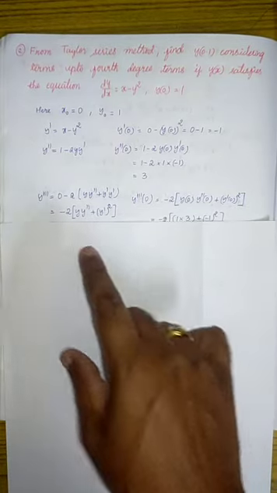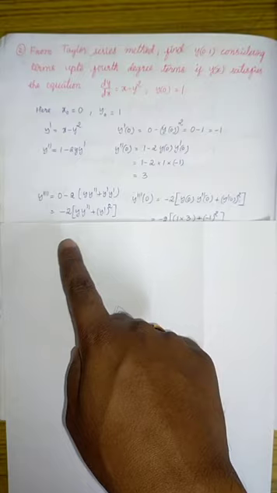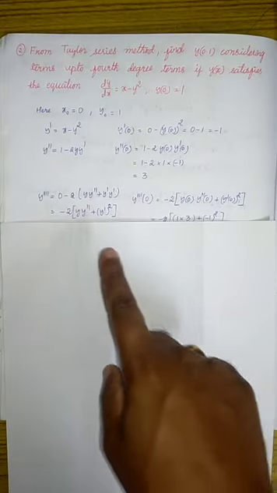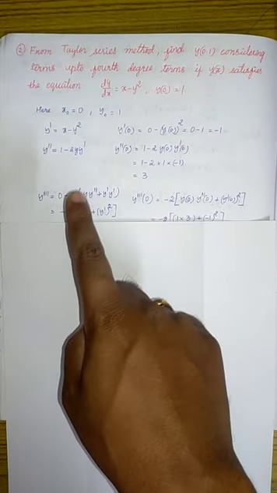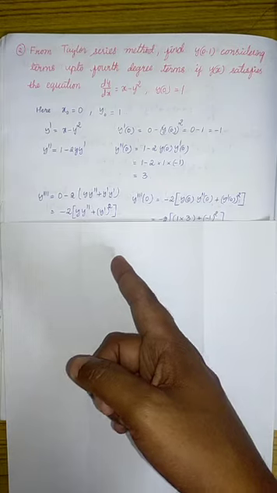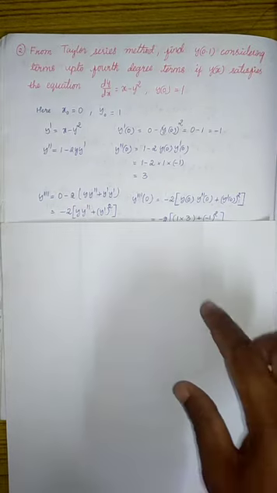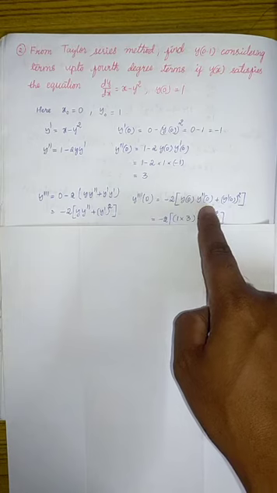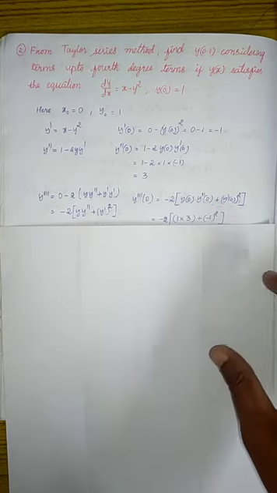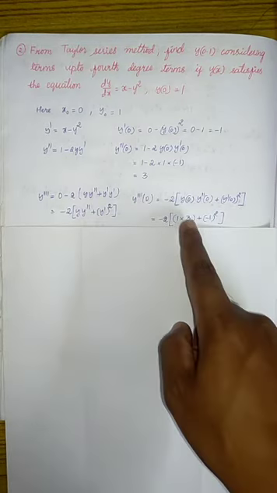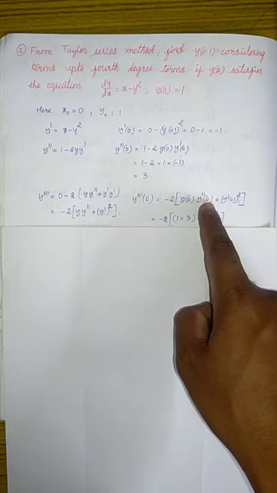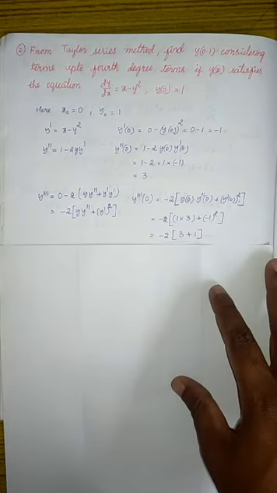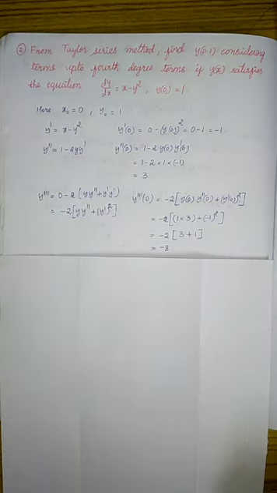So we have this, right? Now let us calculate y triple dash of 0 by substituting y equals y of 0, y double dash equals y double dash of 0, and y dash as y dash of 0. So here it is minus 2 into y of 0 into y double dash of 0 plus y dash of 0 whole square. We know the values of y of 0, y double dash of 0 and y dash of 0, and on substitution we will get minus 8.